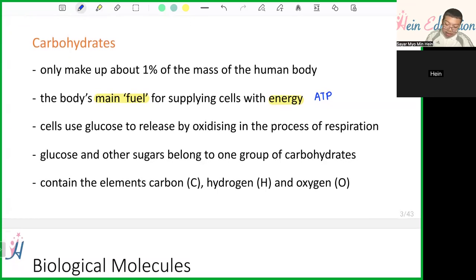Importantly, carbohydrates all contain the elements carbon, hydrogen, and oxygen. I always tell my students that carbohydrates are made up of the elements CHO, which are carbon, hydrogen, and oxygen.